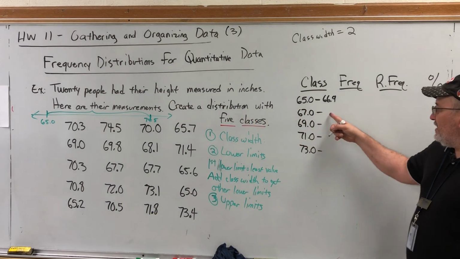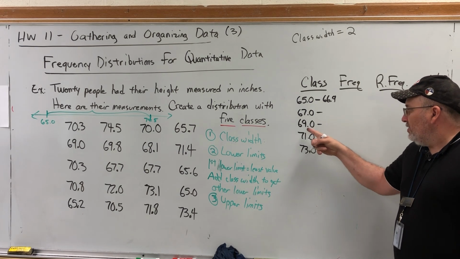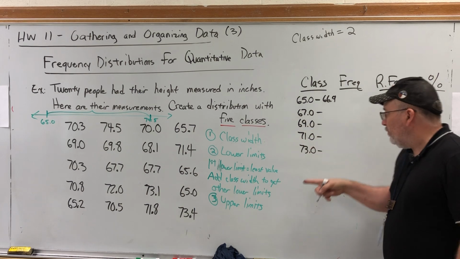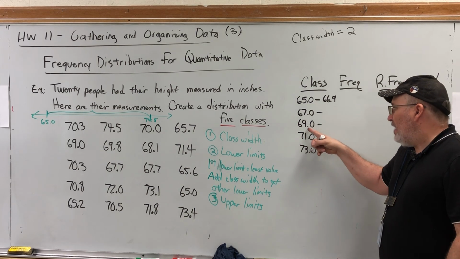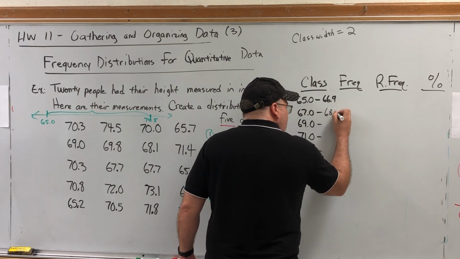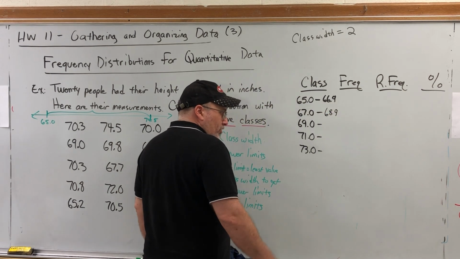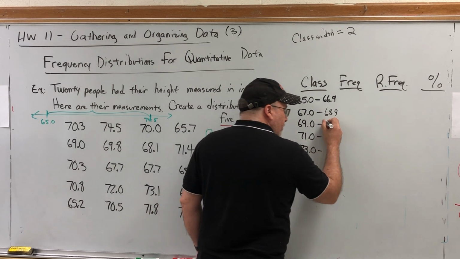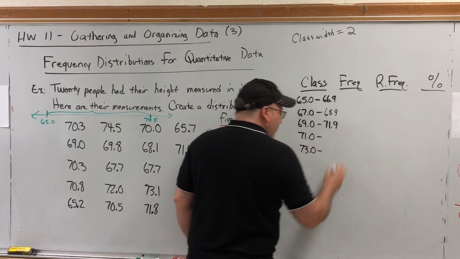And then you do the same thing with the rest of them. To figure out where the second class ends, you take the lower limit of the third class and dial it back 1 in the last decimal place. In other words, subtract 0.1 and you get 68.9. And you do the same with the rest of them. Dial 71.0 back 1, you get 70.9.